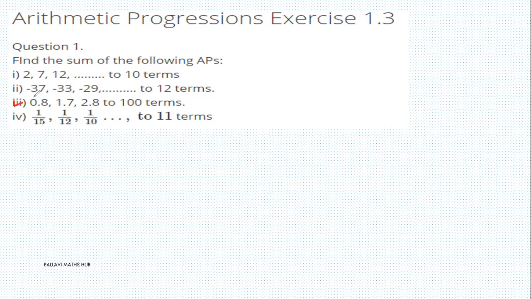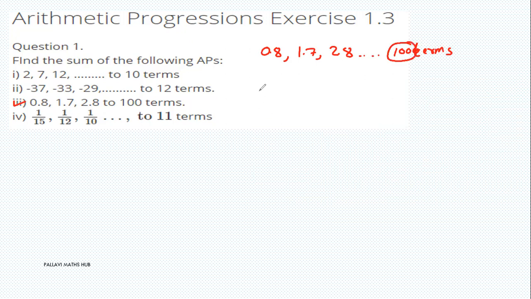Next, the third question: 0.8, 1.7, 2.8, up to 100 terms. Up to 100 terms means the value of N is equal to how much? N is 100.